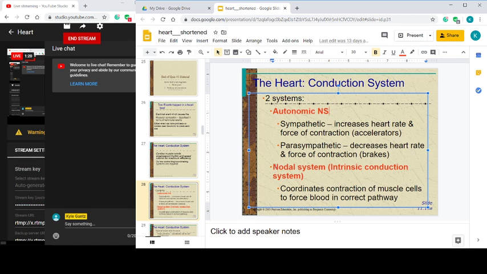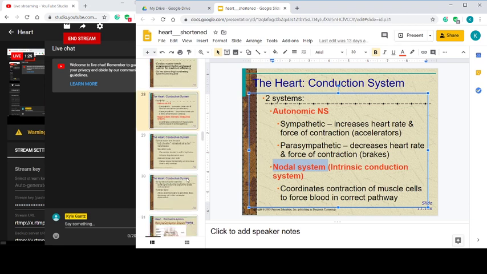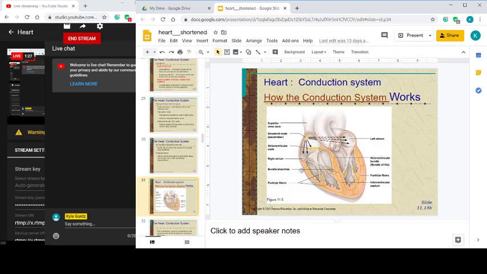But then we also have this nodal system, and we talked about how the nodal system is a number of different points, where we have a sinoatrial node, which is the natural pacemaker. It starts the contraction.